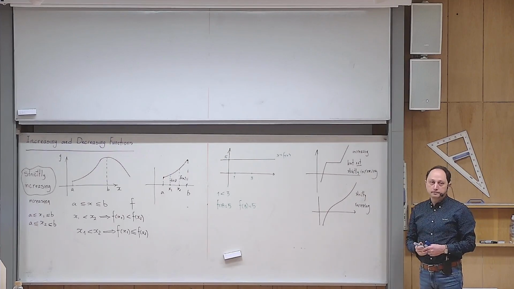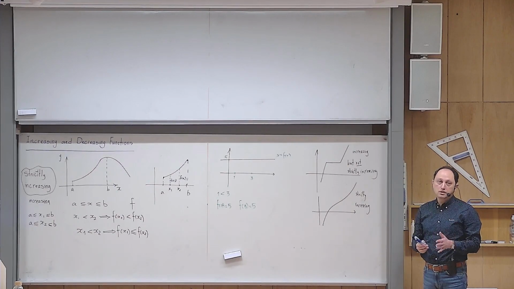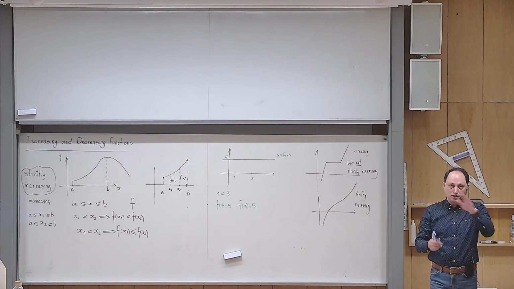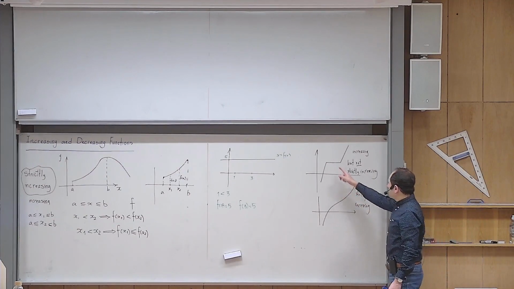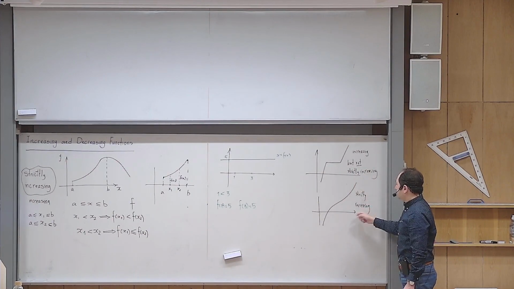If it was like this, then the y coordinates would still be the same for x1 and x2. No, but in that case, it is not increasing, it is not decreasing. At some part, it is increasing, at some part, it is decreasing. We will come back to that, yes? But this graph is increasing, but not strictly increasing. But this graph is strictly increasing.